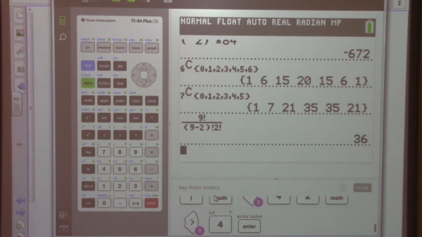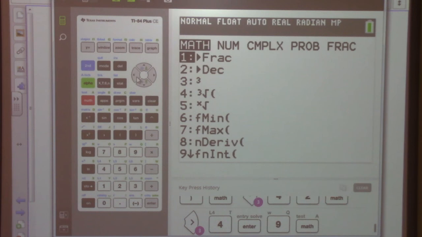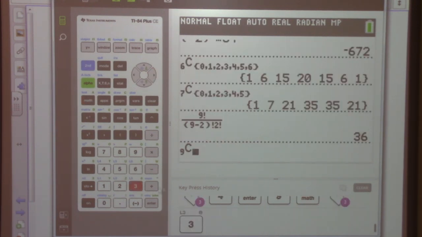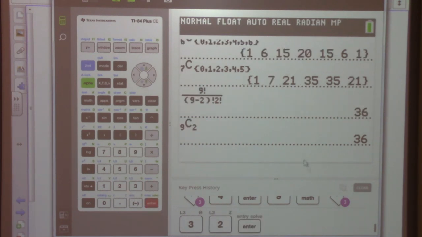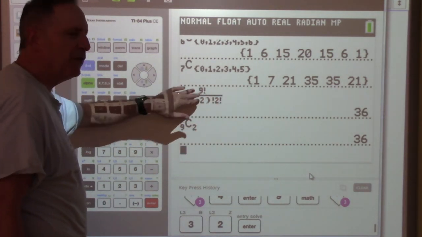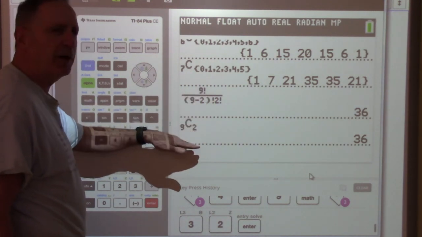You do the same thing if you do nCr. Now nCr is like a built-in application of this. So if I just go to 9, and I go to math, probability, I go to 3, and I can put 2 right here, and get this instead. Which one would you rather do? The second one, right? But this is sort of like the back office of what happens to create this.